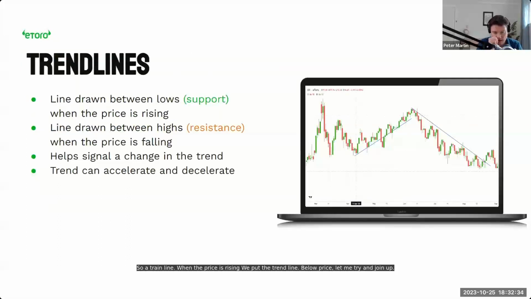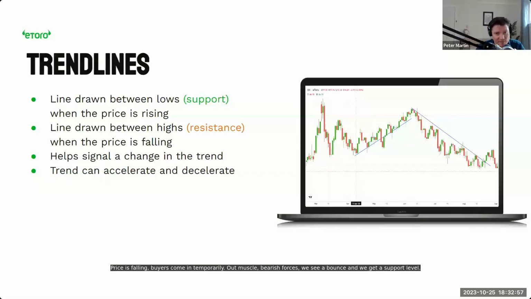So for a trend line, when the price is rising, we put the trend line below price, and we try and join up the lows, the troughs. So our trend line there is like a support line. Support is where buyers are supporting the price.